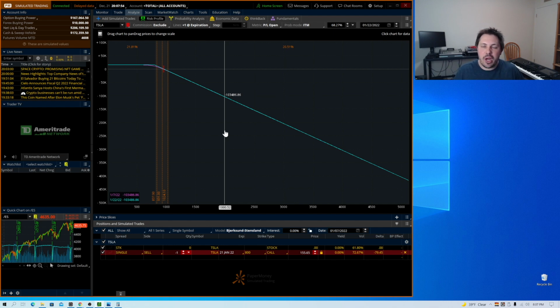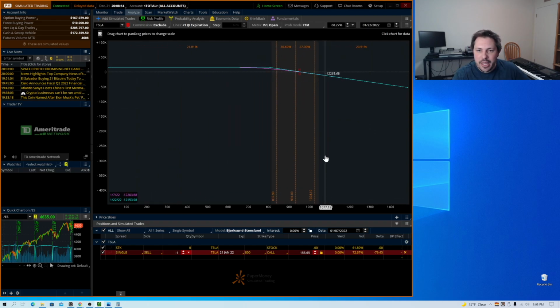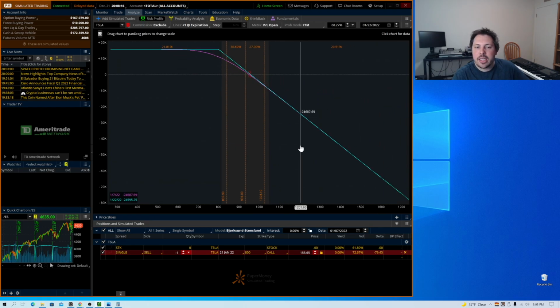But the problem can arise, and we're going to see this when we start talking about spreads specifically, where you could be over leveraging yourself with a spread where the price of that spread is low, and then something happens and it could really move against you quickly. But again, important to understand that selling calls is unlimited risk to the upside.